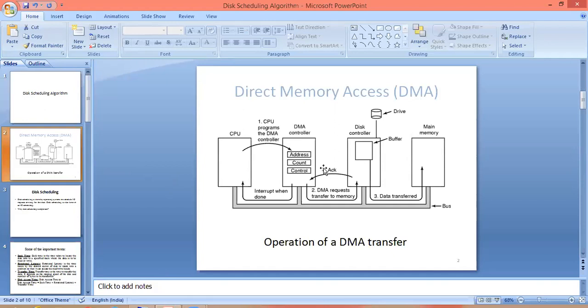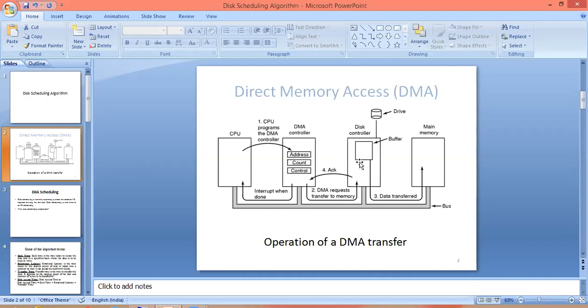The number of jobs performed by the CPU, that means the jobs performed by the DMA controller, are forwarded to the disk controller.